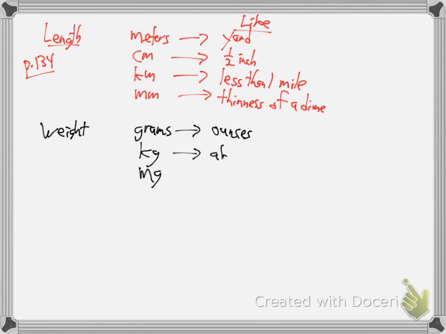A kilogram is about 2 pounds. And a milligram, milli is really small. It's like the weight of a pill. Super tiny. Pills come in milligrams, don't they? How many milligrams of aspirin or whatever? So there are units of weight. Notice how when the milli is in front of anything, it's super small. And when the kilo is in front, it's super big, huh?